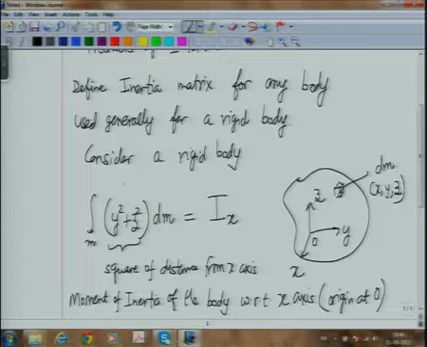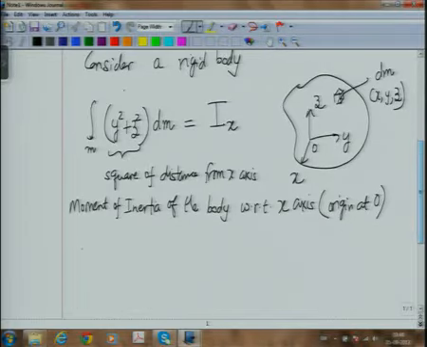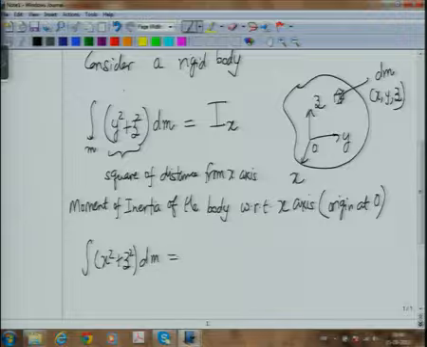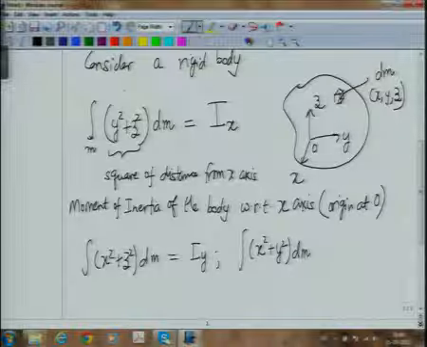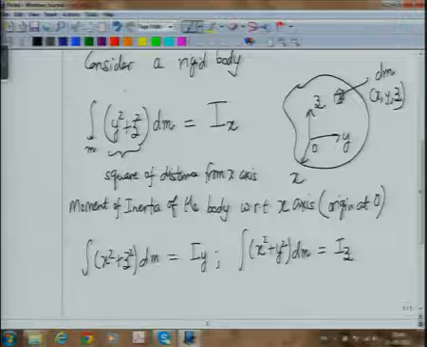Is that fine? So I can do it for any axis. In particular, we can define similar things for the other axes: the integral of x square plus z square will be Iy.